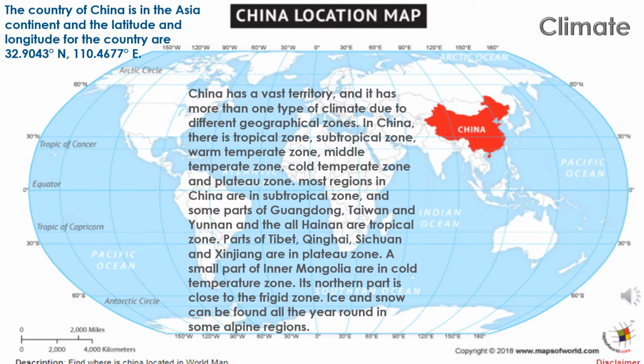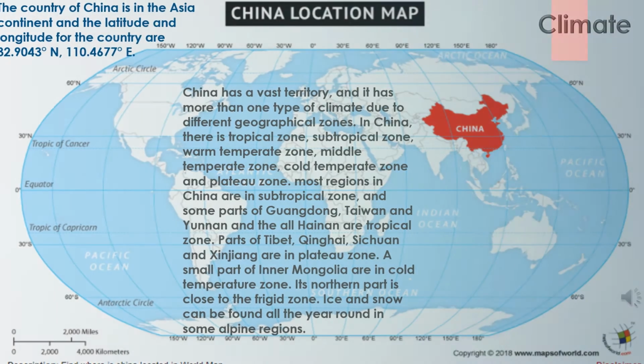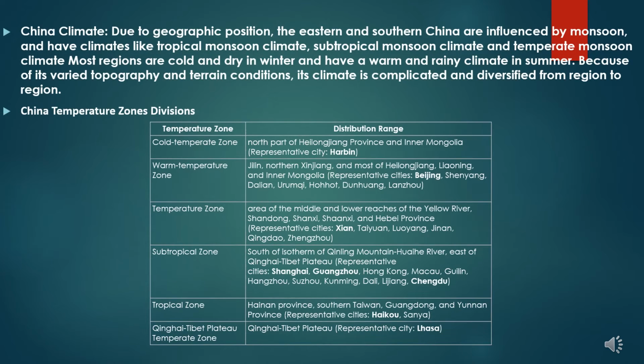In China, there is a tropical zone, a subtropical zone, a warm temperate zone, a middle temperate zone, a cold temperate zone, and a plateau zone. This right here will give you more information about China's climatic zone division.